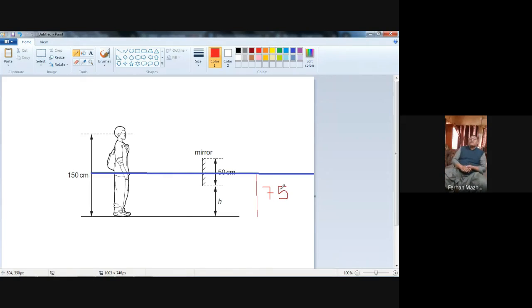Okay. So if you want the light rays from here to come here and go, let me show you. You want the light rays to start from here. They will come here. And from here, they will go into the boy's eye.